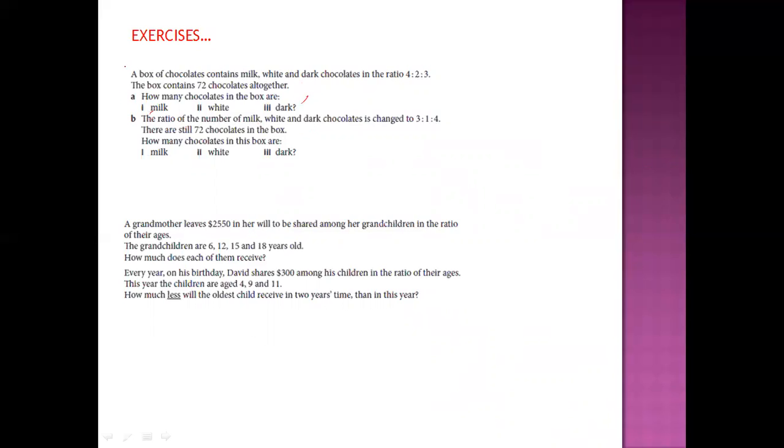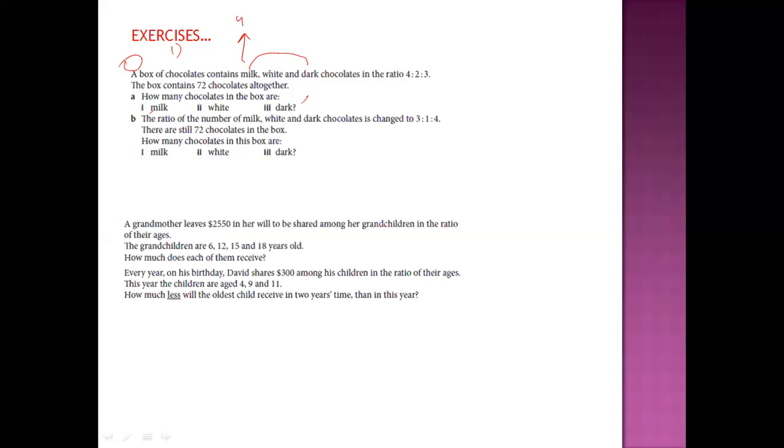So, question 1, I'm writing here. A box of chocolates contains milk, white, and dark. There we have 3 different chocolates in the ratio 4:2:3.